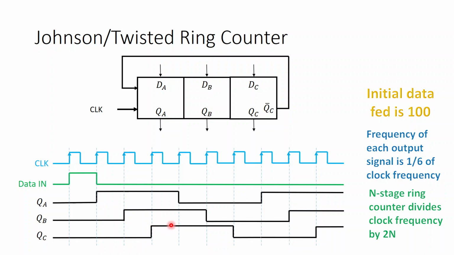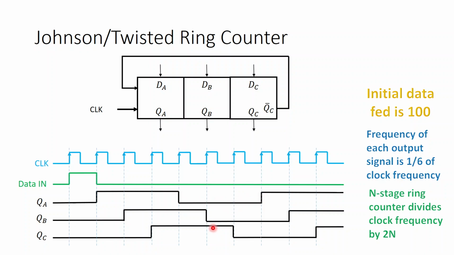So as soon as QC becomes high, at the next clock cycle QC bar is low, so QA will become low at the next clock cycle. QC becomes high at this clock cycle, QA becomes low at the next clock cycle, because QC bar is 0 here. Before that QC bar was high, so that was getting translated here.